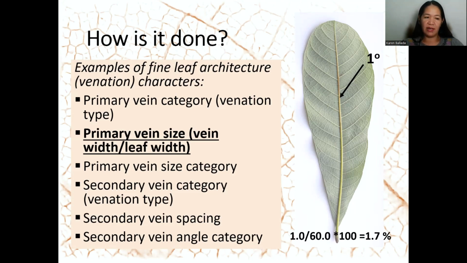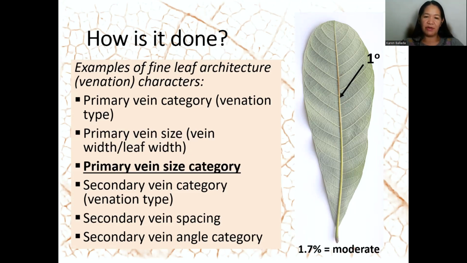Whereas if the computed primary vein size ranges from 1.25 to 2, which is the 1.7 value that I got in this specimen, it falls under this category and will be classified as moderate. Those with vein size ranging from 2 to 4 would be stout, and those greater than 4 are considered massive. Okay, so those are the primary vein size categories. As I mentioned earlier, in my specimen, the primary vein size category is moderate.